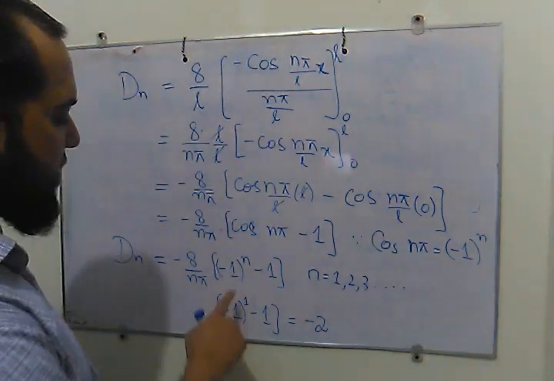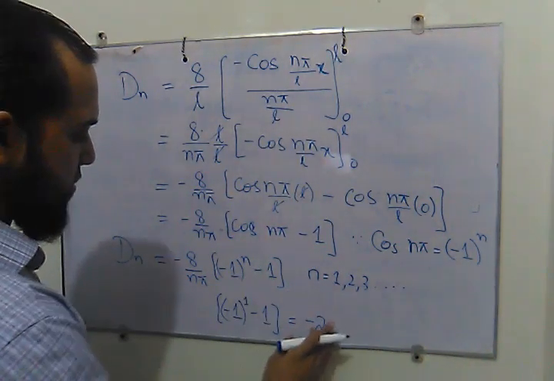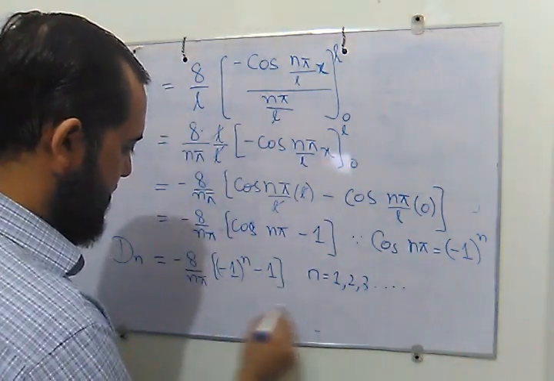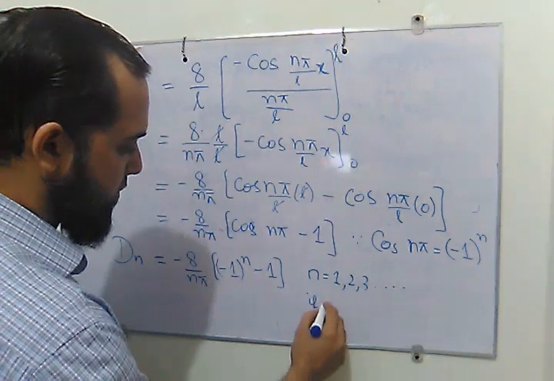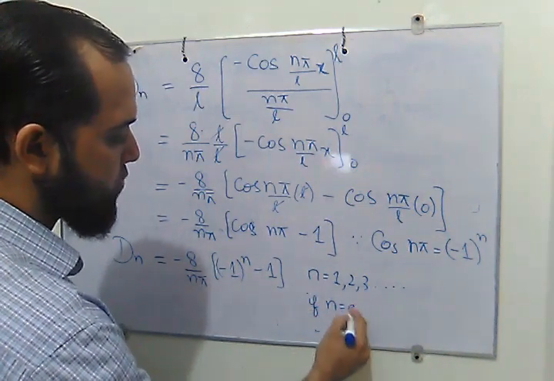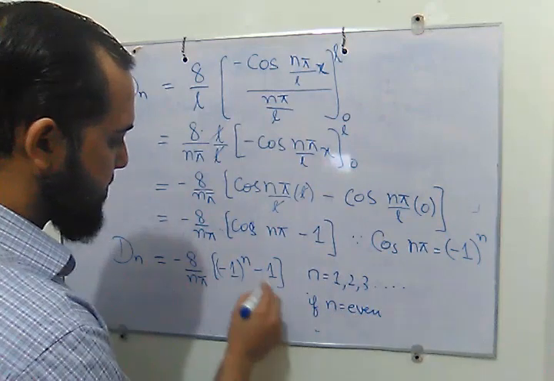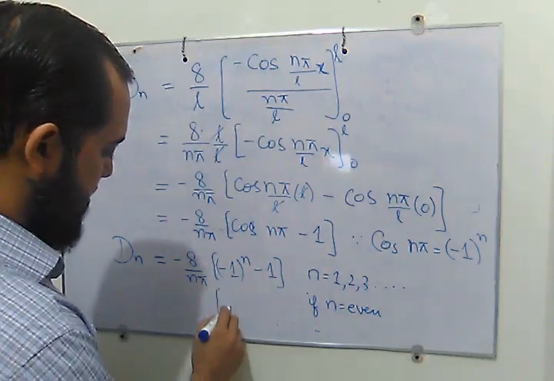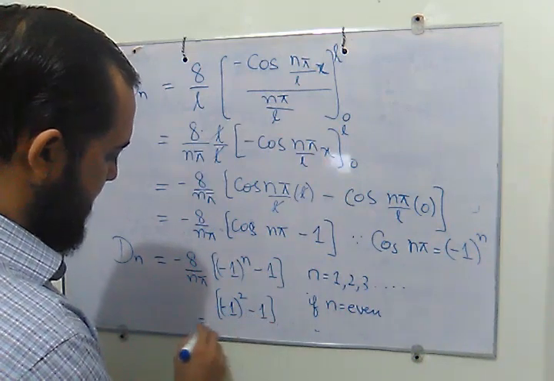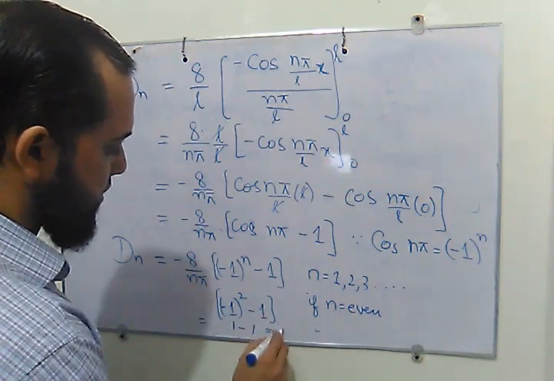But if we put n is equal to even, then this bracket term would be 0, because minus 1 squared minus 1 will be 1 minus 1 equal to 0.